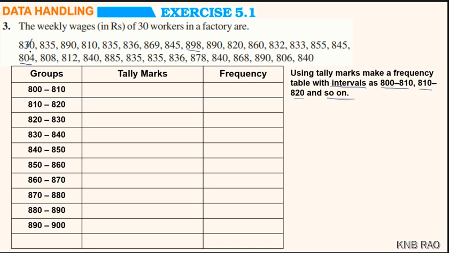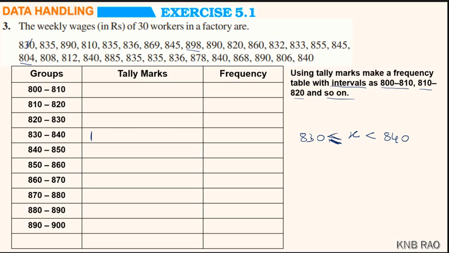830. 830 belongs to this, 830 to 840. So the lower limit is included. You know that here 830 is included. Whichever observation comes, that should compulsorily be between 830 and 840, provided it can be equal to 830.